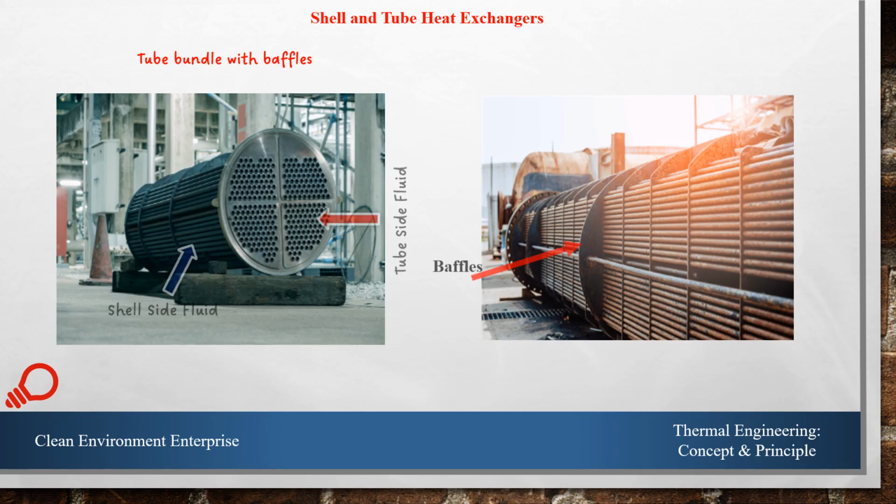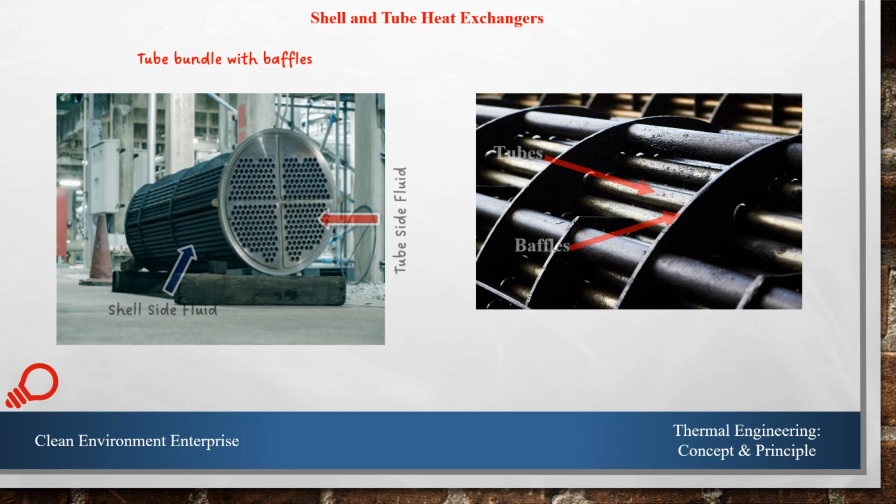So in this photo, we may see a bundle of tubes, and they are supported by baffles. These baffles are structural material made of metal that can hold these tubes together inside the heat exchanger. It could be clear in this photo.